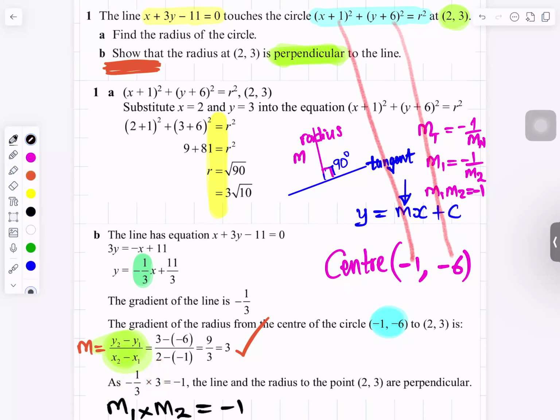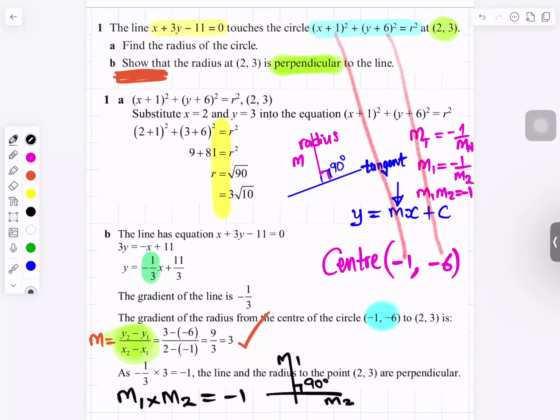That means the angle between those two is 90 degrees. That gives you a complete breakdown and understanding of the question.